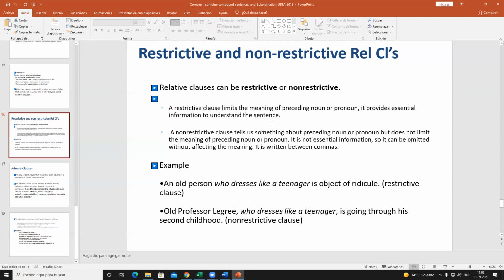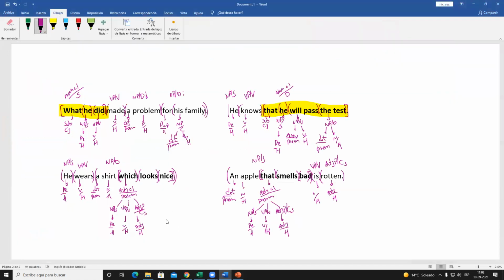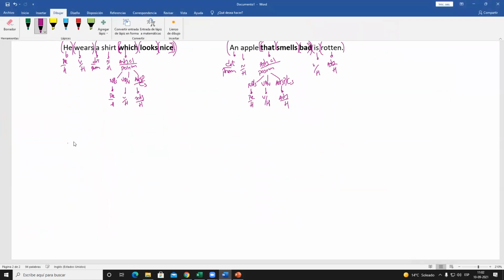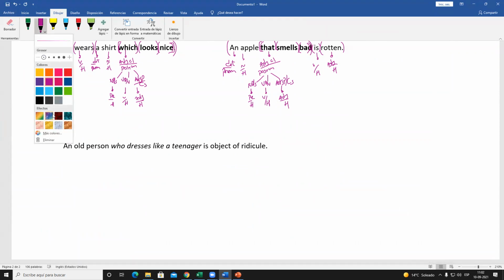Let's take a look at this. An old person who dresses like a teenager is object of ridicule. Yeah, that's true. We're going to provide the analysis then.